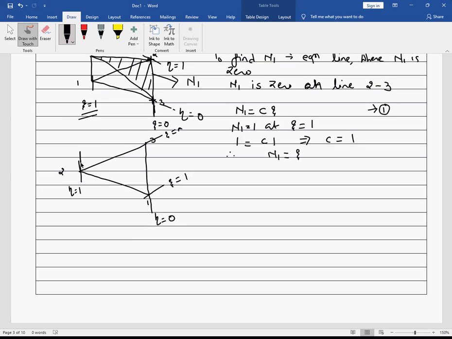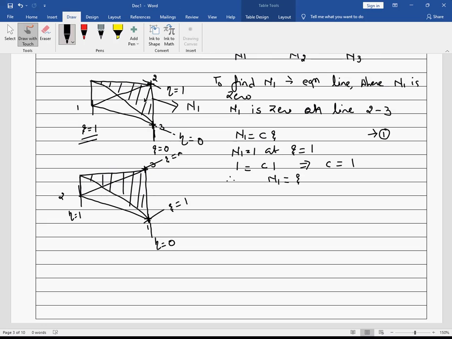So therefore N2 is 1 at node 2, and 0 at node 3 and node 1. And therefore I need to connect this point. So what I see is the same surface I was getting in N1.